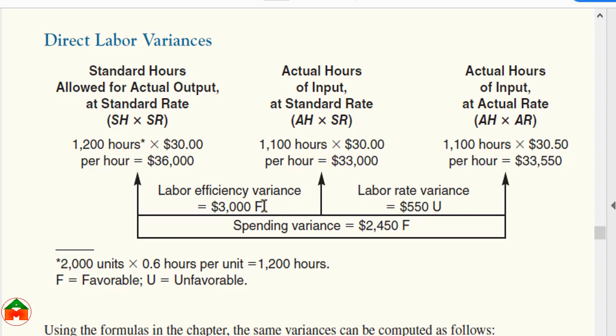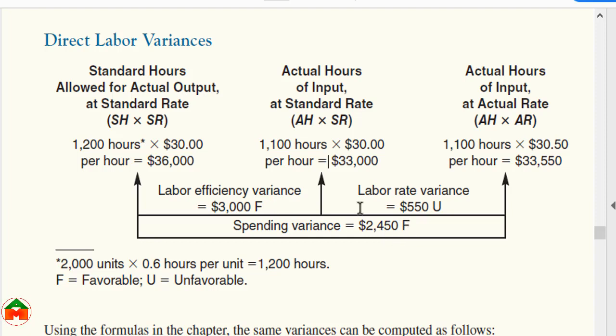Here this is a favorable amount, here this is an unfavorable amount. So we have to deduct, because these are opposite amounts, favorable and unfavorable. That's why we are deducting these two amounts. The difference is 2,450, and this is the higher amount, this is favorable. That's why this 2,450 is the favorable amount.